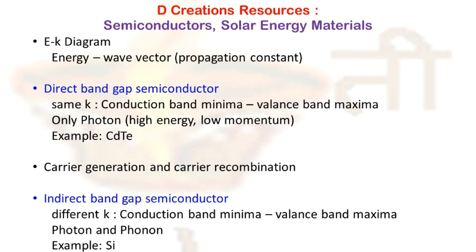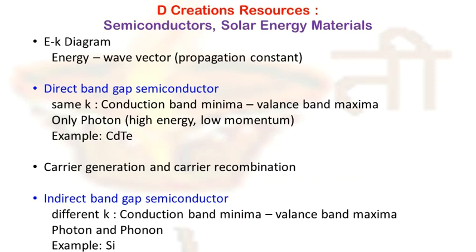In the reverse process, the excited electron falls back to its ground state, and a photon of energy Eg is emitted. The excitation of an electron to the conduction band due to photon absorption is called carrier generation, and the reverse process, the falling back of an excited electron to the valence band ground state, is called carrier recombination.